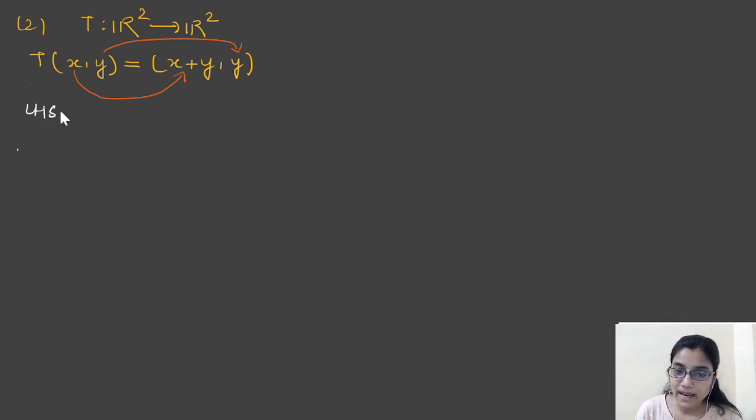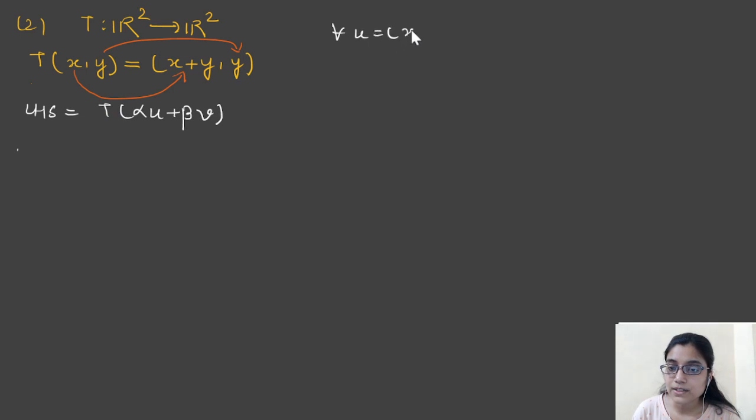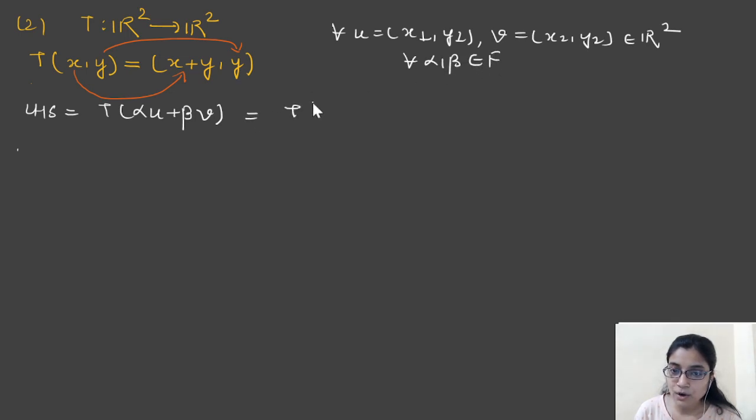So we will go by LHS, that is t of alpha u plus beta v, where I am considering u equals x1 comma y1 and v equals x2 comma y2 from R2, that is your vector space V, and for all alpha beta which belong to field F. So this is going to be t of, once you find alpha u plus beta v as we did in our previous question, alpha x1 plus beta x2 comma alpha y1 plus beta y2.